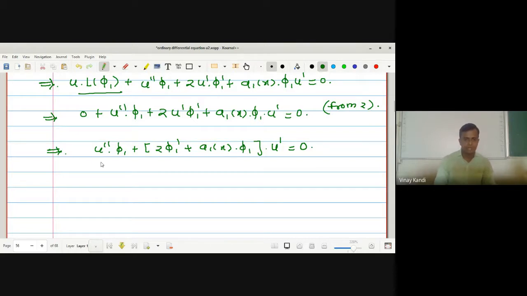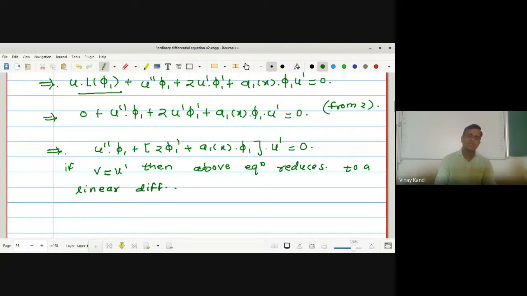Okay. Now, look at here, if v is equal to u dash, put v is equal to u dash, then the above equation reduces to a linear differential equation of order 1.